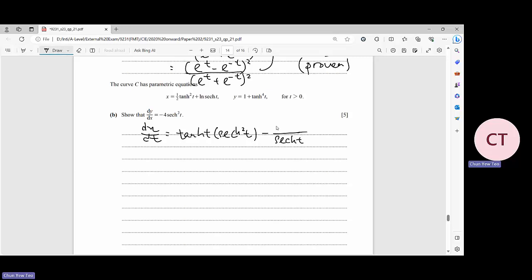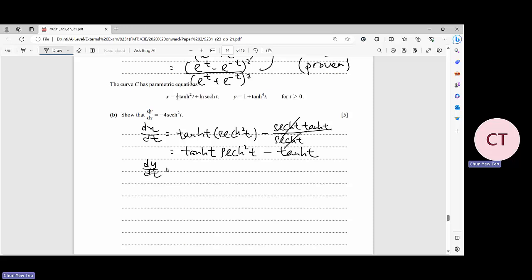Differentiate sech t, you get negative sech t tanh t. This is what you're supposed to have. From here, you can see that this one can be cancelled. Then you get tanh t sech squared t minus tanh t. Okay, that is your dx/dt.